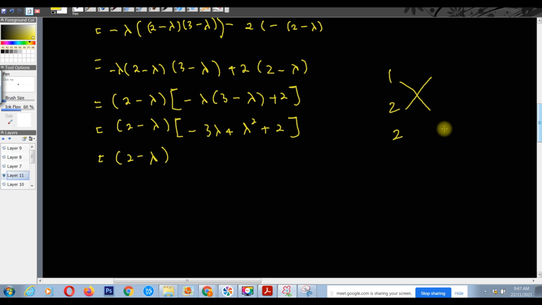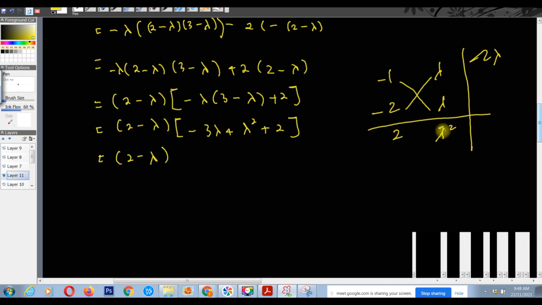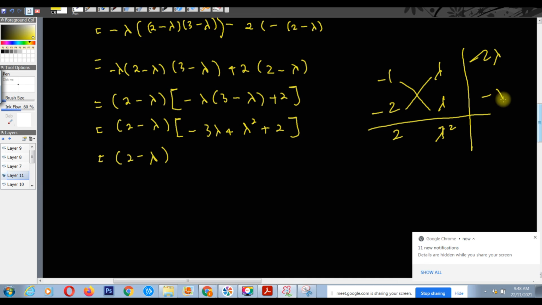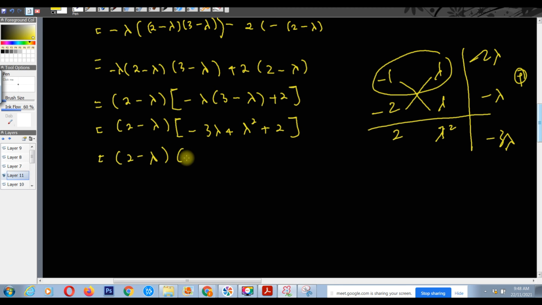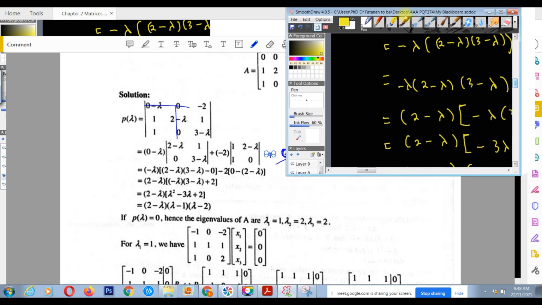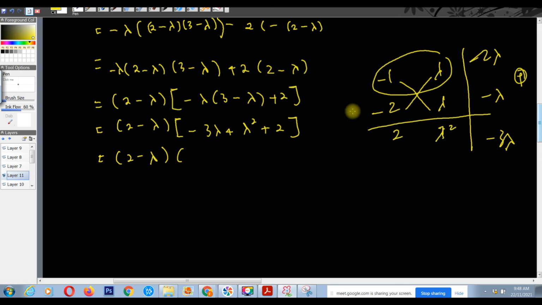Lambda square is 1, the product is 2, and the middle is negative 3 lambda, so you can write this as lambda minus 1, and then lambda minus 2.